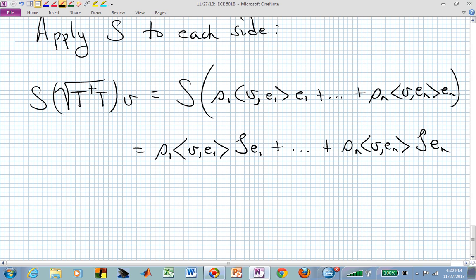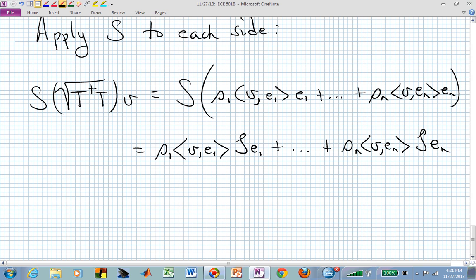We're almost there. What do we know about isometries? We know that they can basically rotate one orthonormal basis set into another one. And that's where the new orthonormal basis set is going to come from, the f's. I'm going to call S e1 f1. I'm going to call S en fn, because S is just rotating this orthonormal basis into another set of orthonormal basis.